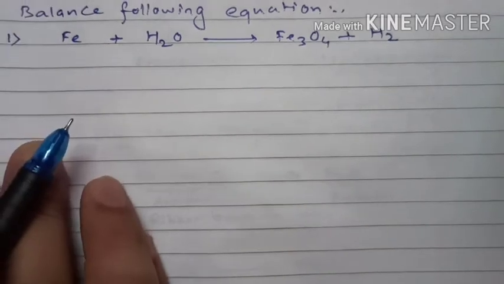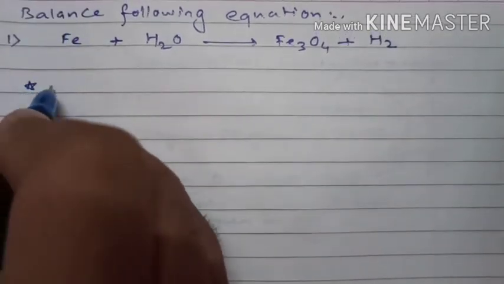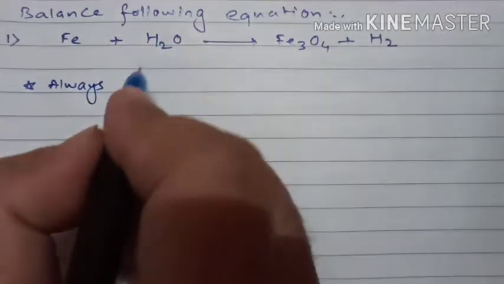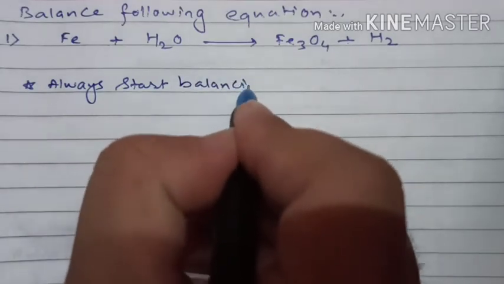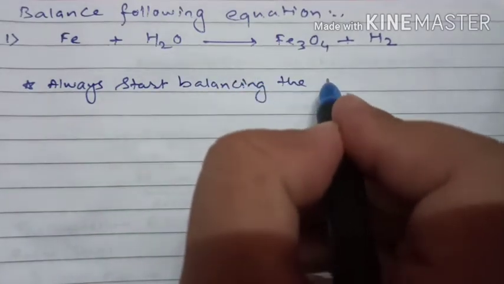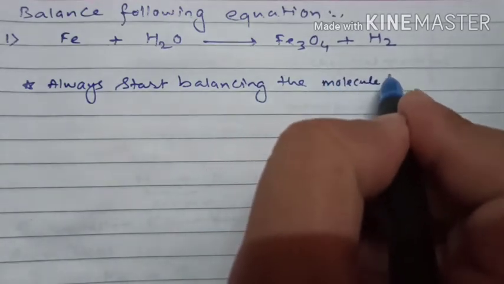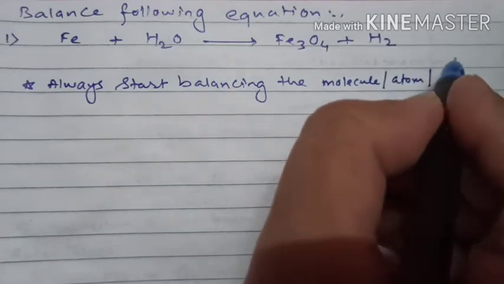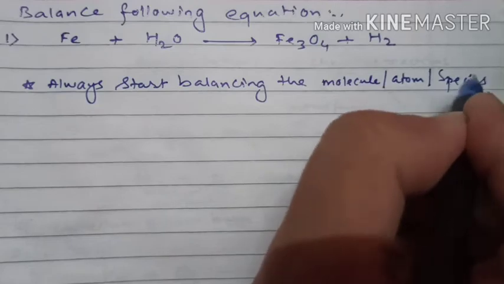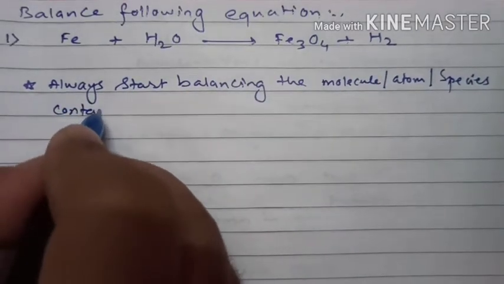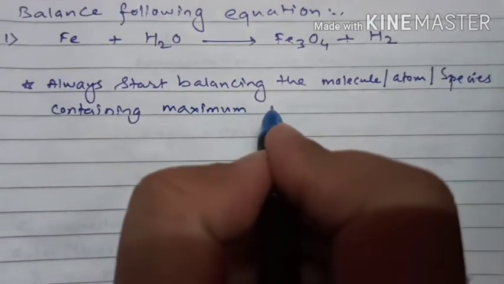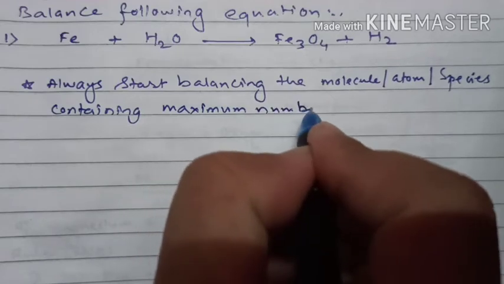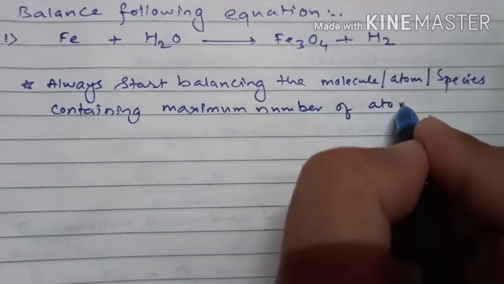Always remember one thumb rule: always start balancing the molecule or species containing the maximum number of atoms.